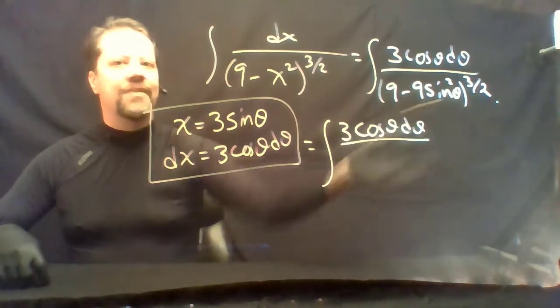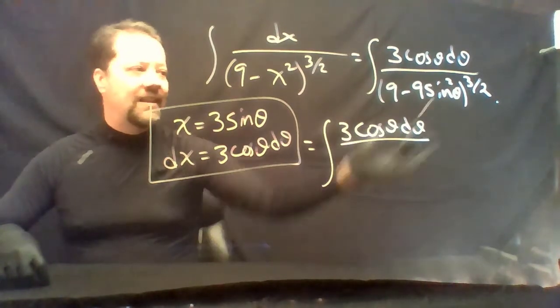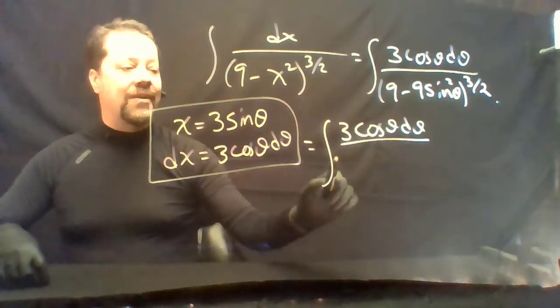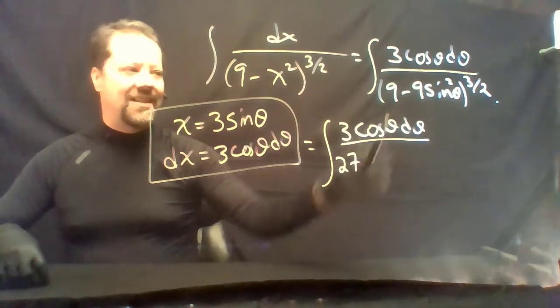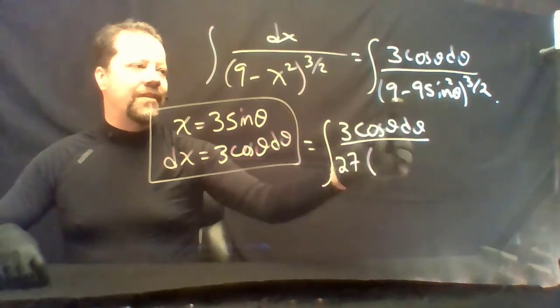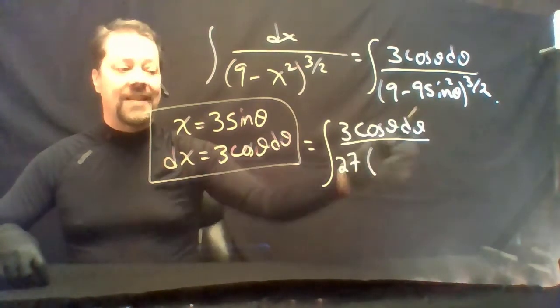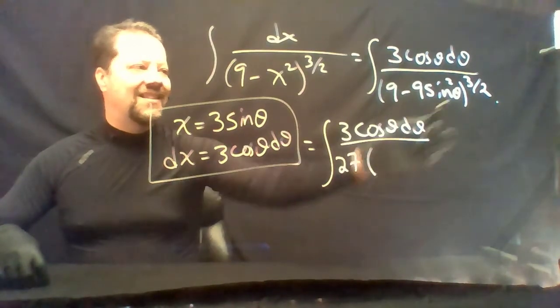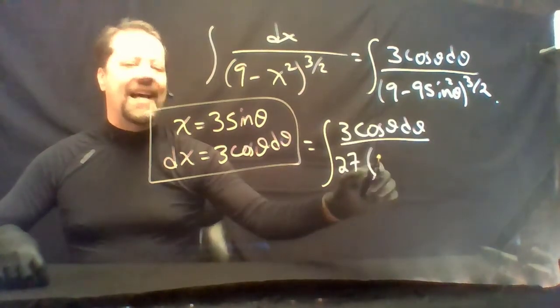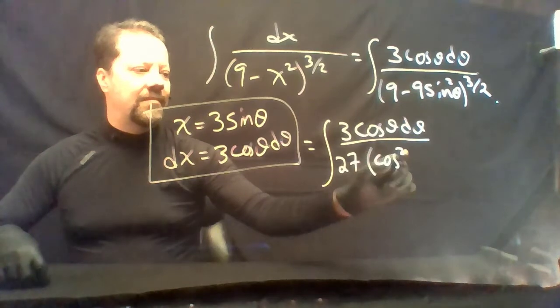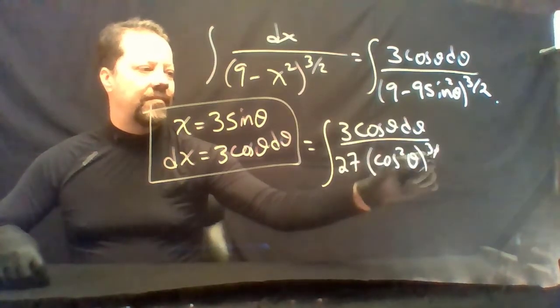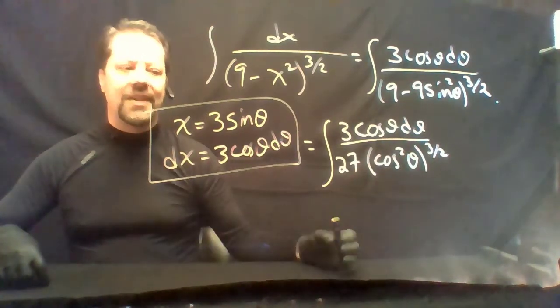Do the square root first. The square root of 9 is 3, raised to the 3 power is 27. What's left over is 1 minus sine squared. 1 minus sine squared is cosine squared. Cosine squared to the 3/2 is going to end up being cosine cubed.